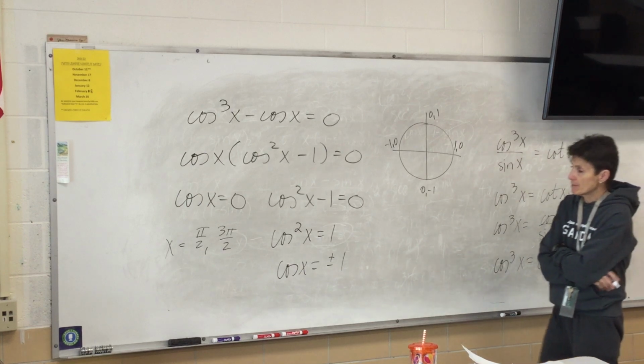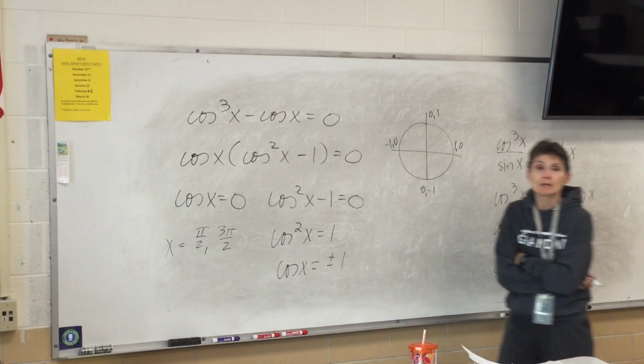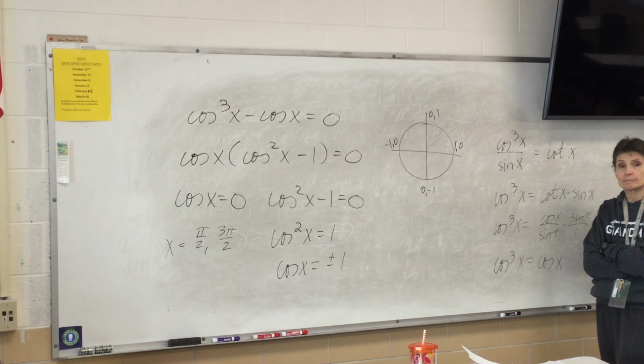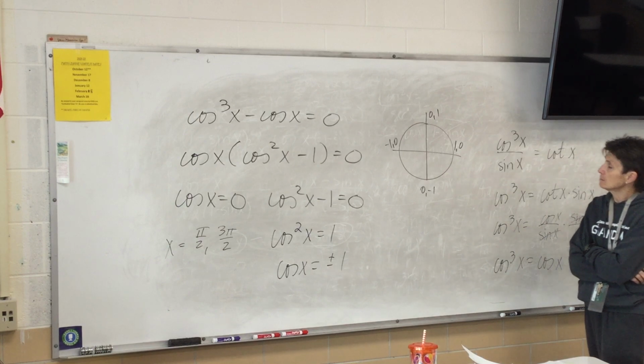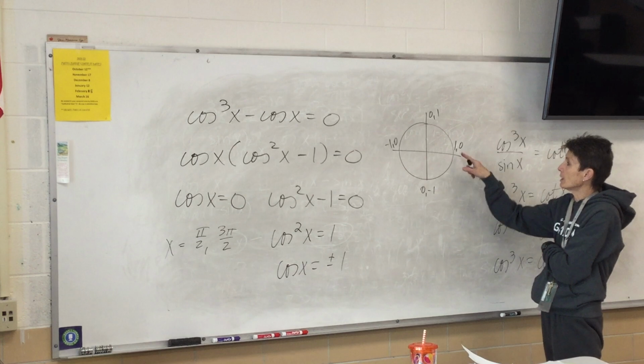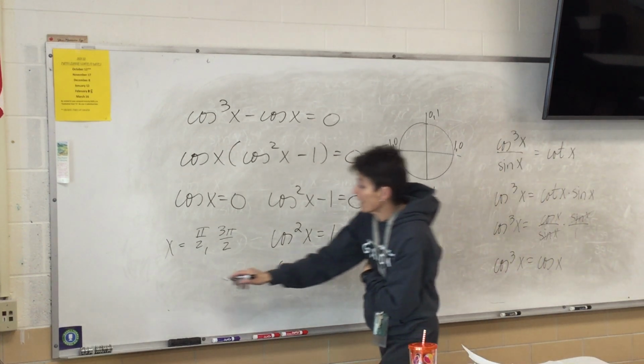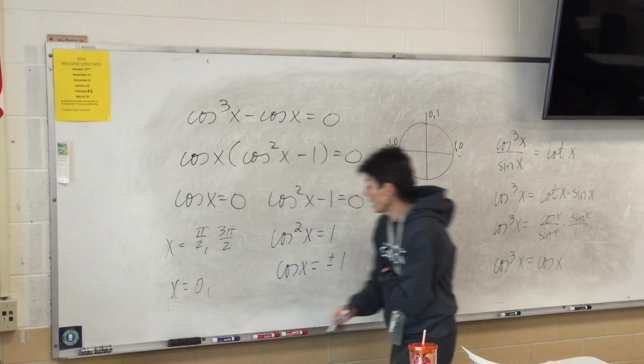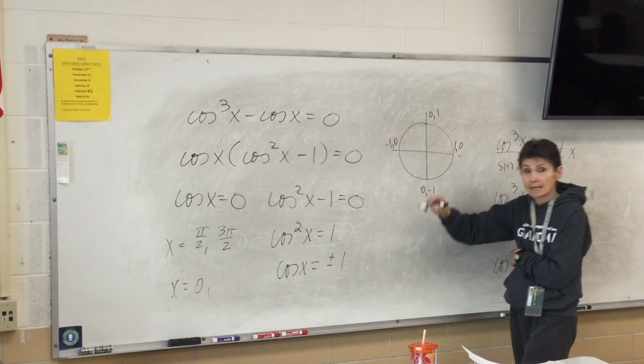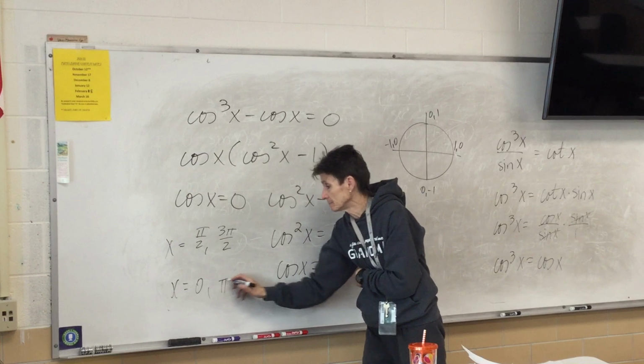Okay, and then where is the cosine 1 or negative 1? Well, the cosine is 1 here, x over r, 1. So that would be 0. I'm going to add it over here. That would be 0. And over here it's negative 1, so that would be pi.